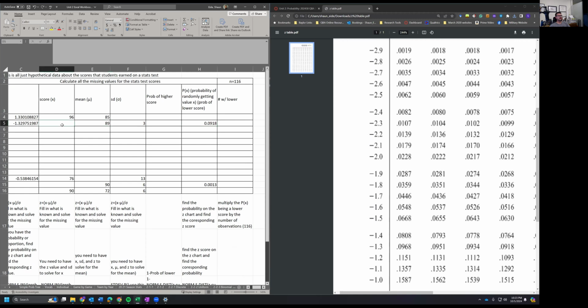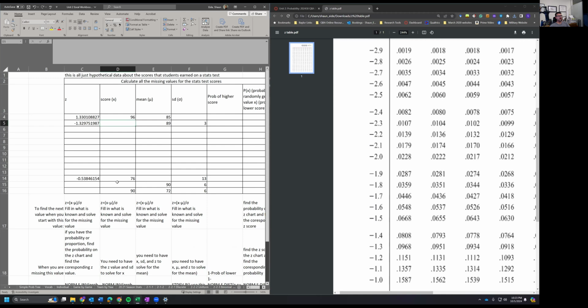And then what is X? In order to solve for X, we just need to rearrange this formula so we're putting X all by itself. Multiply both sides by the standard deviation, which gives us this right here.